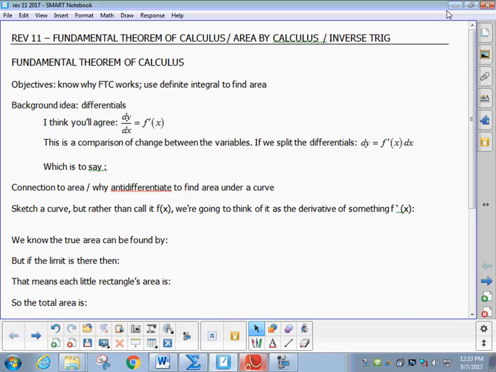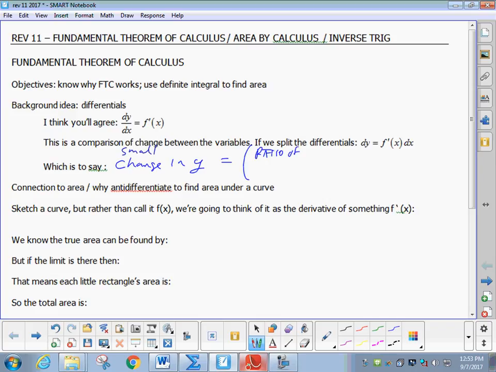Now, in plain old English, what you're looking at there is a small change in y is the result of taking a ratio of change in y to change in x, and then multiplying that by a little change in x.